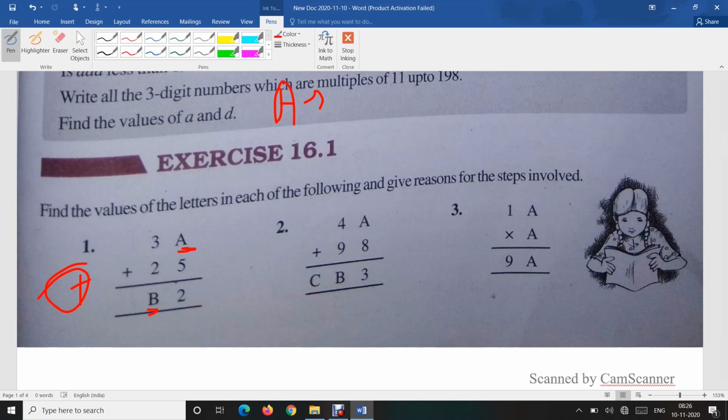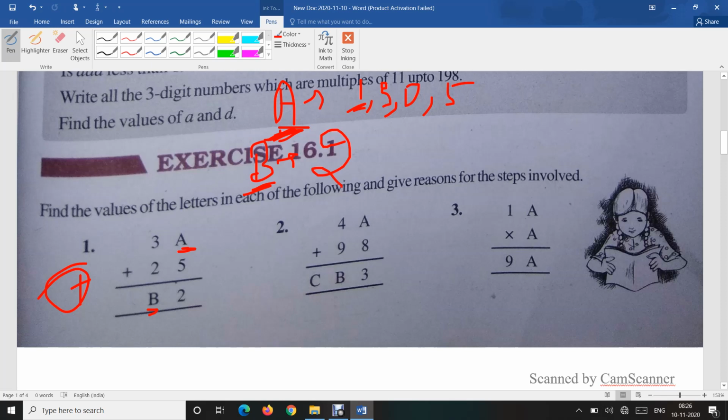But if a represents a number like 1, 3, 0, 5 and so on, then a never represents the same number which stands for b. That means if a stands for 1, then b never stands for 1 in the same question.